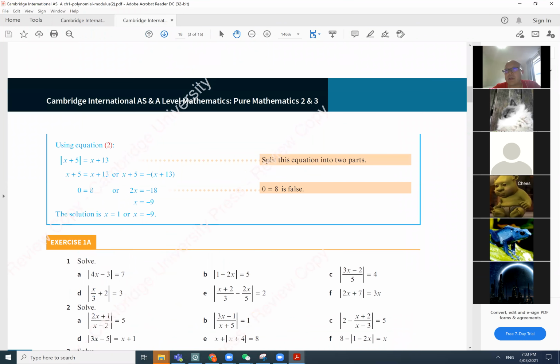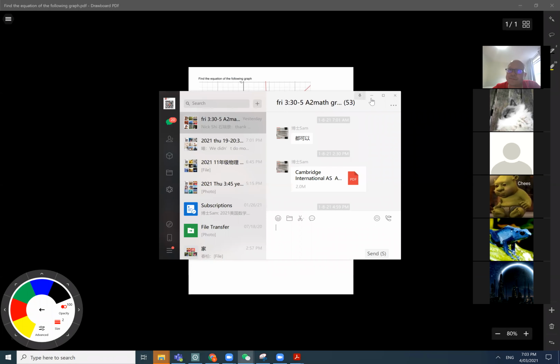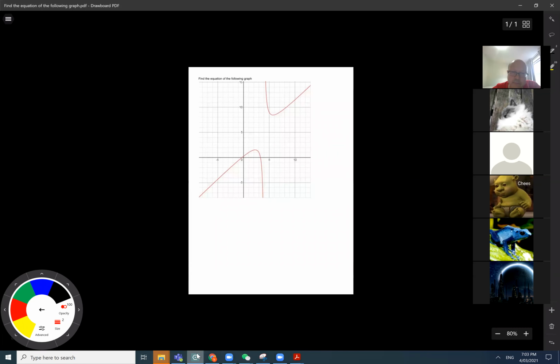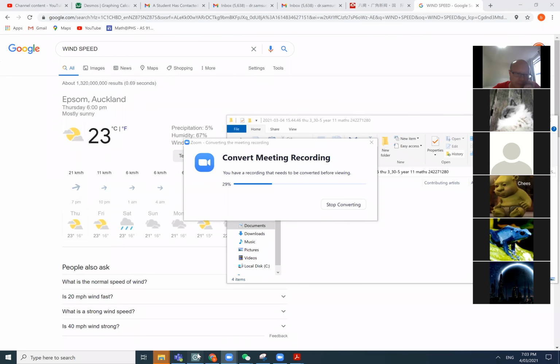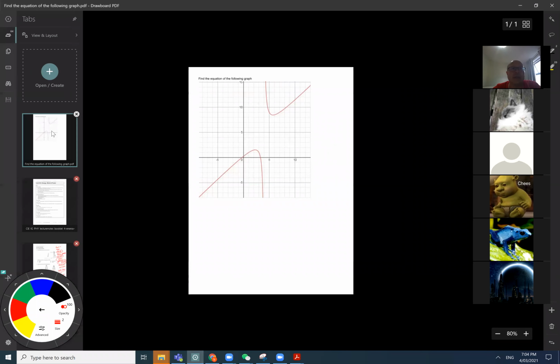This is modulus. Okay. Yeah, we just learn, I'll write examples.